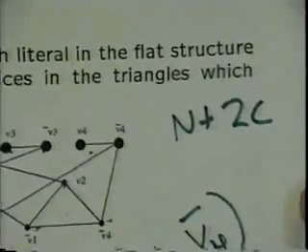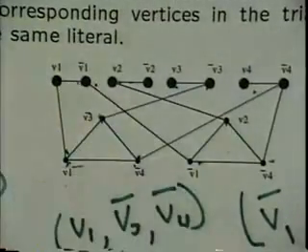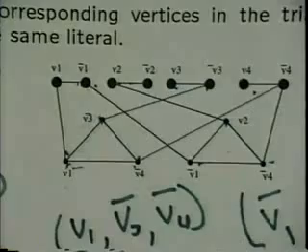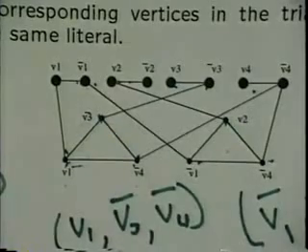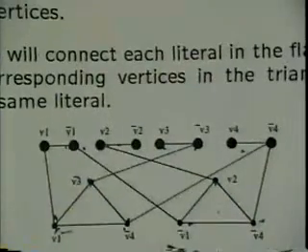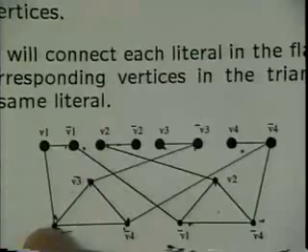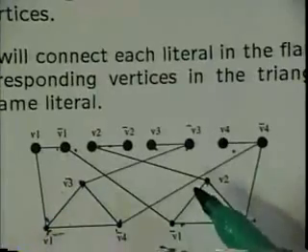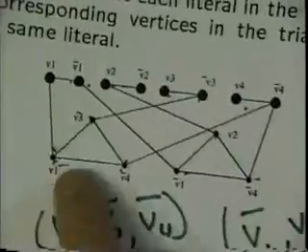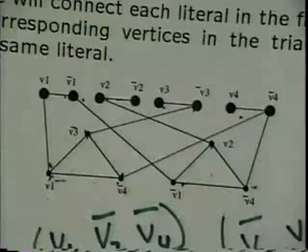Why? Because I've created a triangle for each clause, to cover this triangle, I need at least 2 vertices. Correct? I've created C of those. So that says that I need at least 2C vertices in my cover to cover all the triangles. Okay?